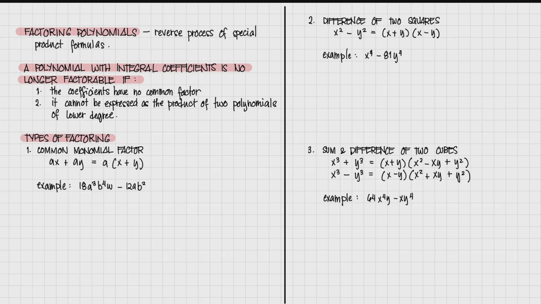So, types of factoring. The first type is the common monomial factor, which is this formula. To apply this, let's tackle an example. We have here 18a^3b^4w minus 12ab^2.